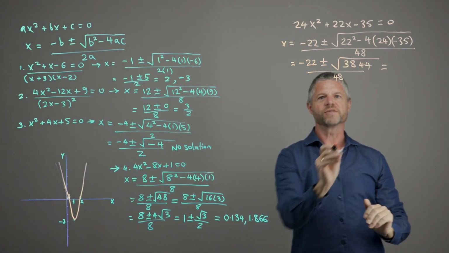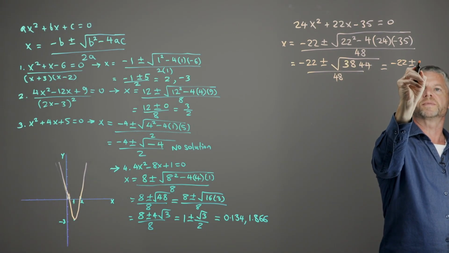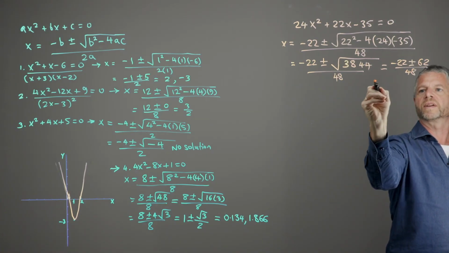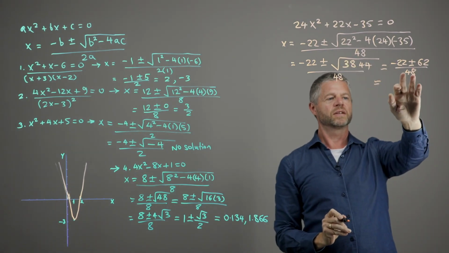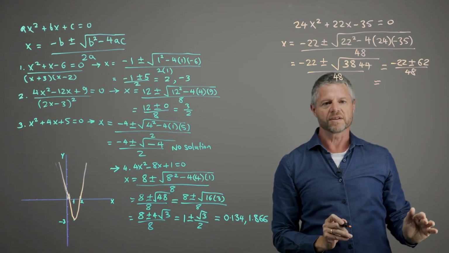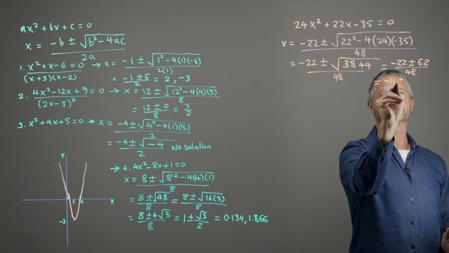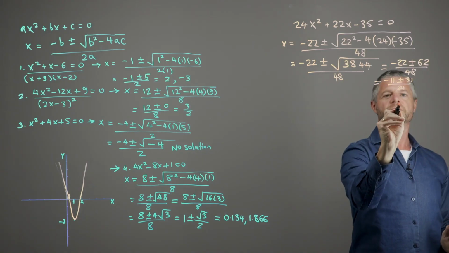So we can take the square root. Comes to 62. And then all of these numbers are even, so we could pull out a factor of 2, and we'll have minus 11 plus or minus 31 over 24.